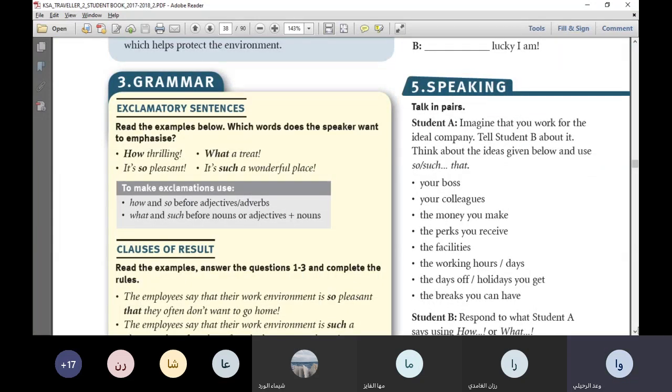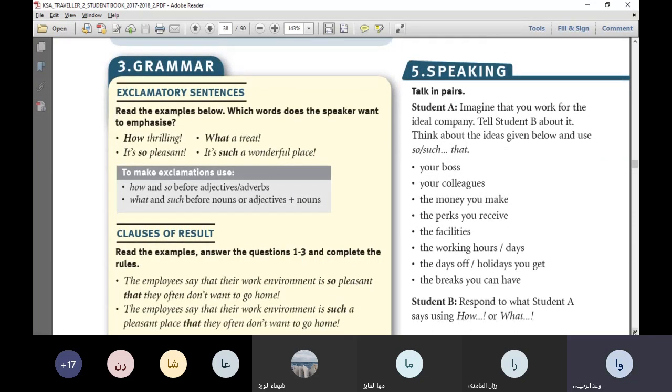Now we have the grammar, exclamatory sentences. I use those when I want to express wonder about something or I want to emphasize something. Now, if you remember, how and so are the same thing. They come before the adjective or the adverb.